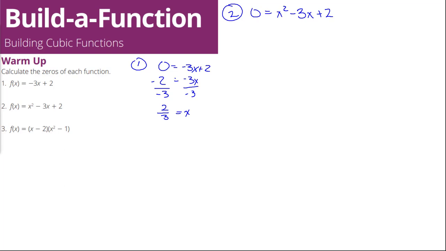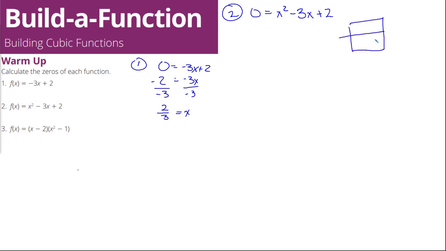And so if the a is prime, so in other words, we have a 1 in front of the x squared. That's prime. And the c is prime. It's often the best way, easiest way is to factor it.